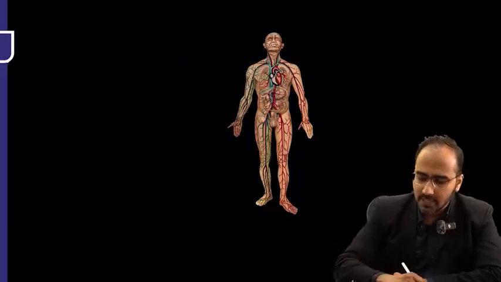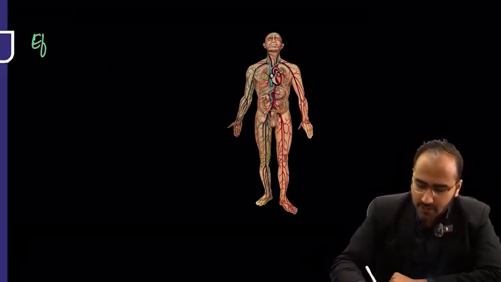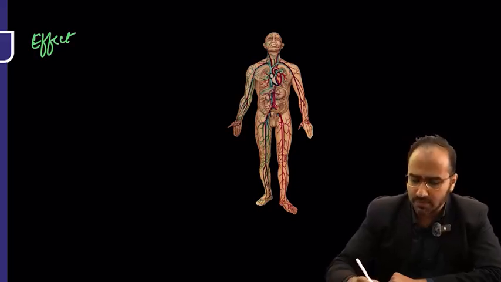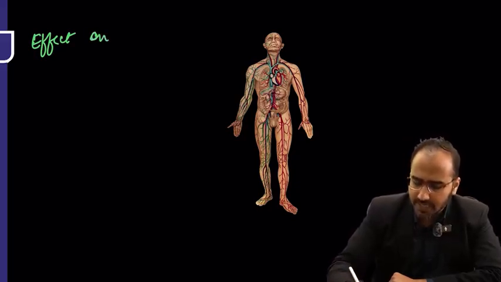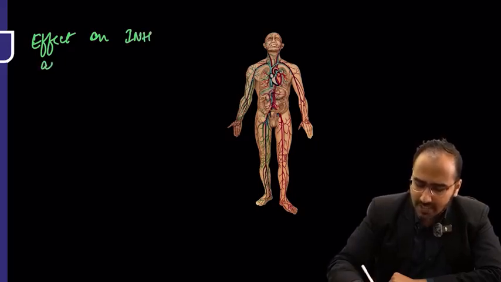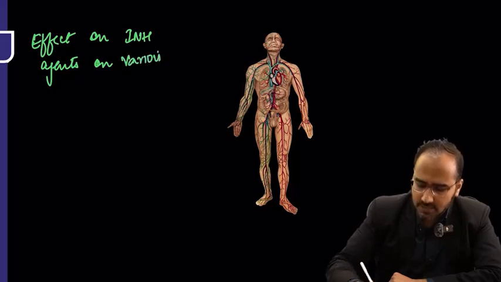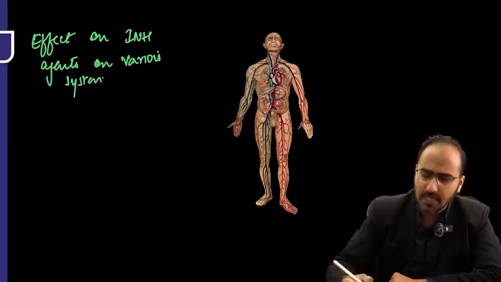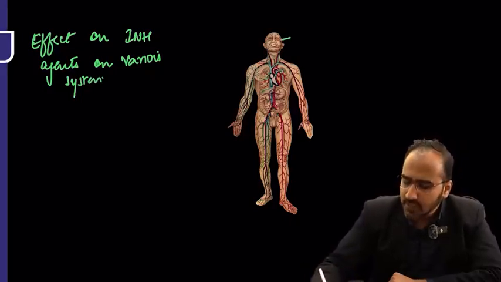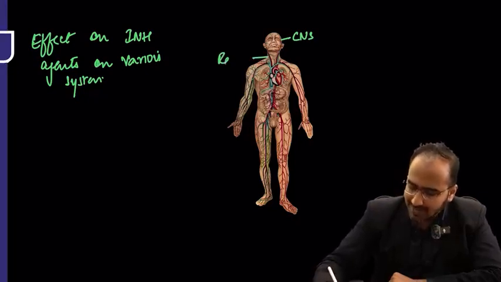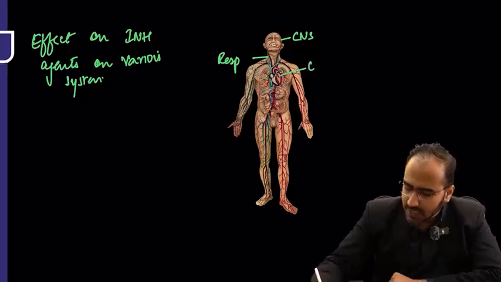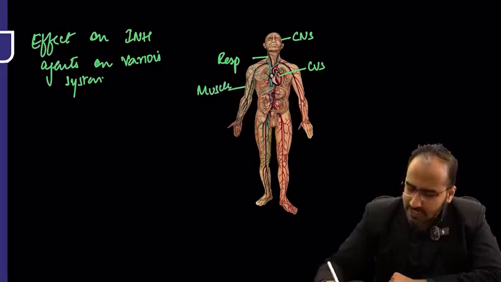What else we need to remember is, what is the effect of inhalational agents on various systems? Now again, you don't have to remember all, just remember the main points. Effects of inhalational agents on various systems. Okay, when we are talking about various systems, we are talking about the central nervous system, the respiratory system, the cardiovascular, the muscle, and the last system is analgesia.